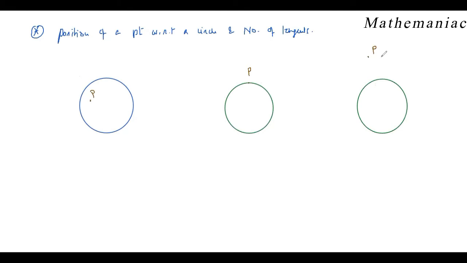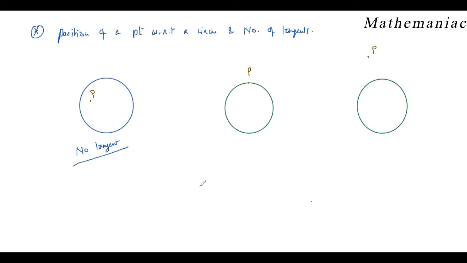These are the three possible situations. In the very first situation, there is no possibility of any tangent. That means if the point is in the interior, then you cannot draw any tangent to the circle from that point.